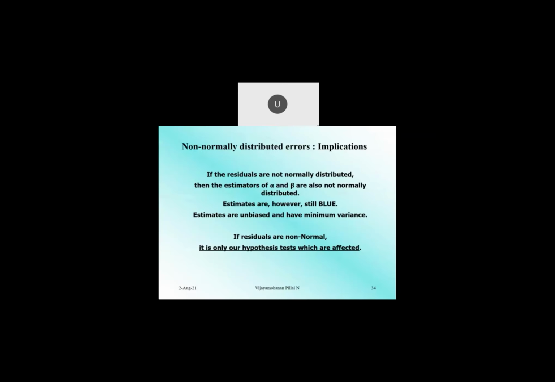And we can have parametric tests based on sampling distributions, that is the t-test or the z-test or chi-square test or F-test, only if the estimates are normally distributed. If they are not normally distributed, then we are not able to do the parametric tests. That is the problem. So the non-normality problem affects our parametric hypothesis tests.